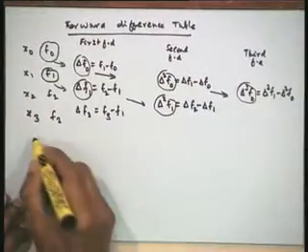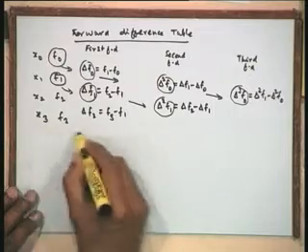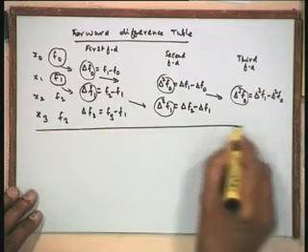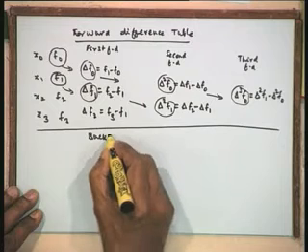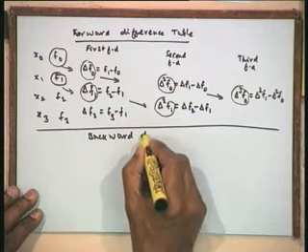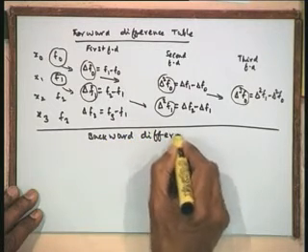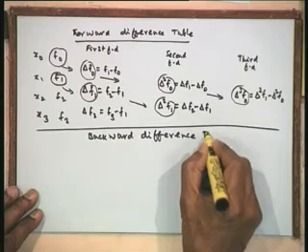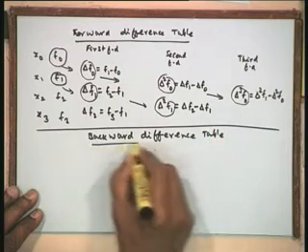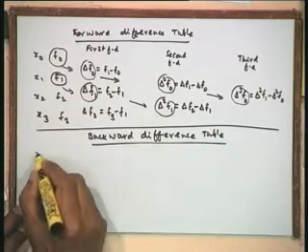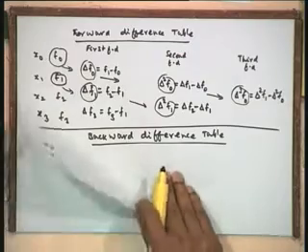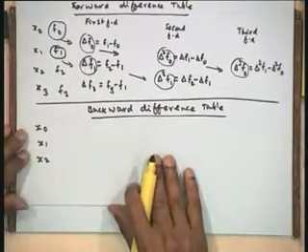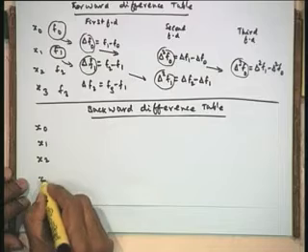Now, let us go back to this table and fill in the backward difference table. Let us write down the backward differences. Let us take the same 4 values x naught, x 1, x 2, x 3.